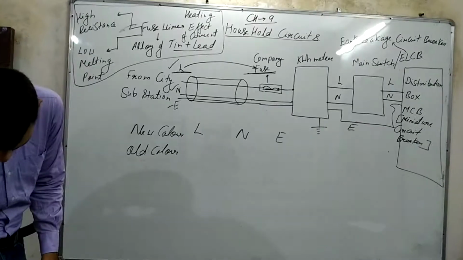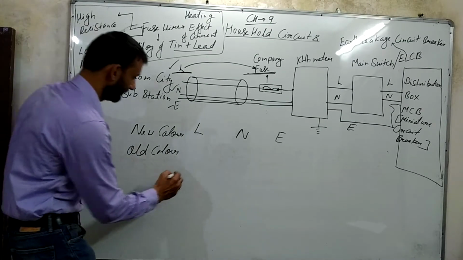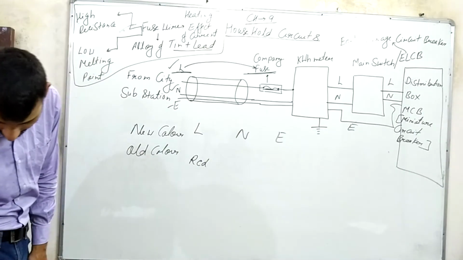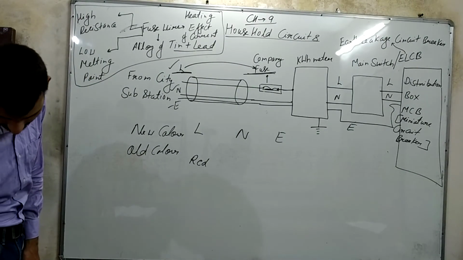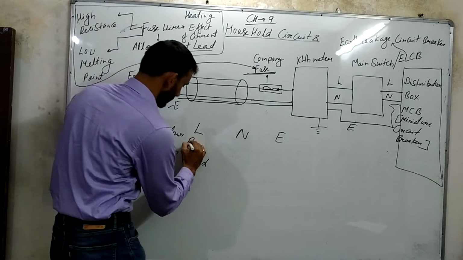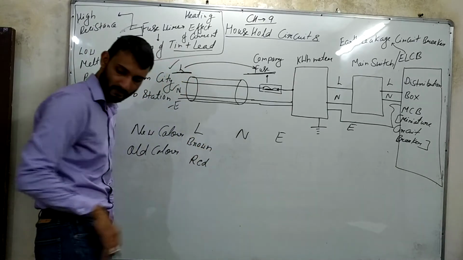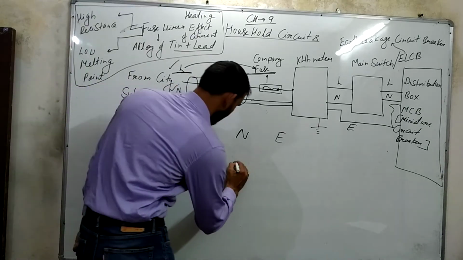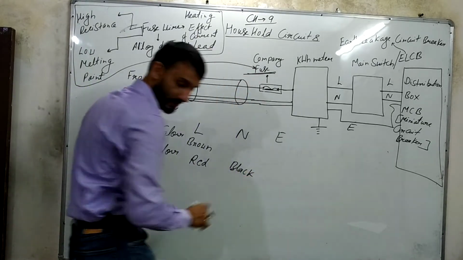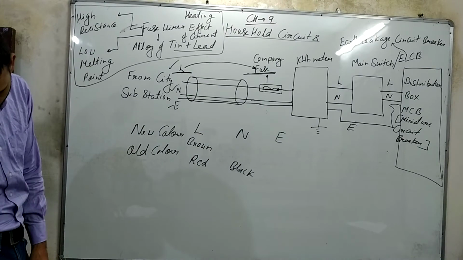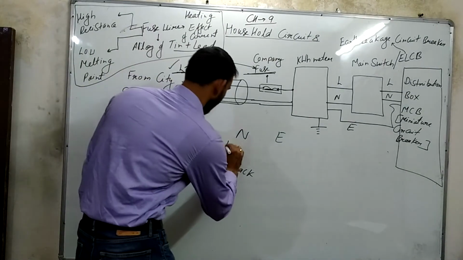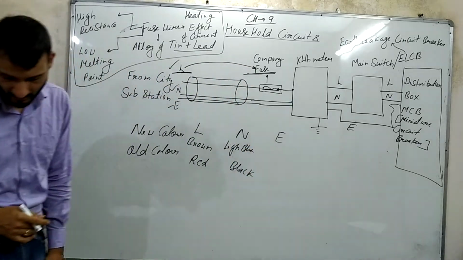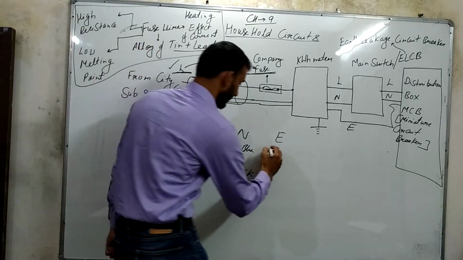So if I write the old convention first, this is red. I think in the new one as well it is red. Okay, so this is brown. Now next you have neutral. So old convention is black, and neutral is light blue. Light blue. And this earth is green in both the cases.